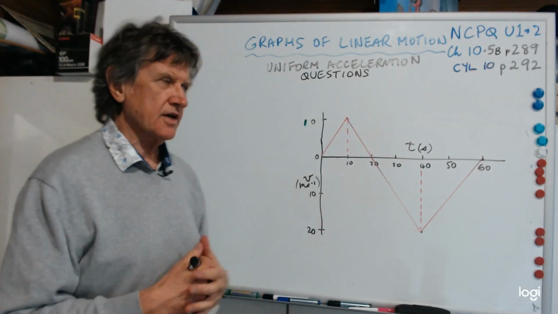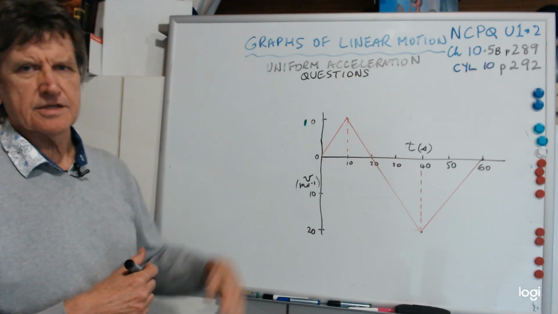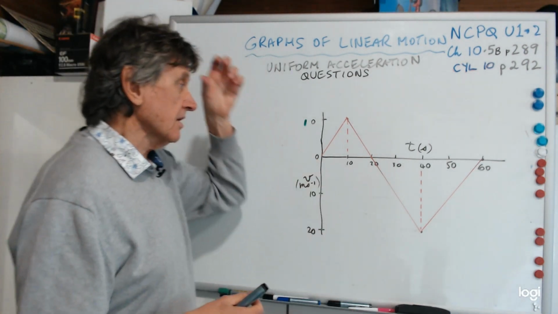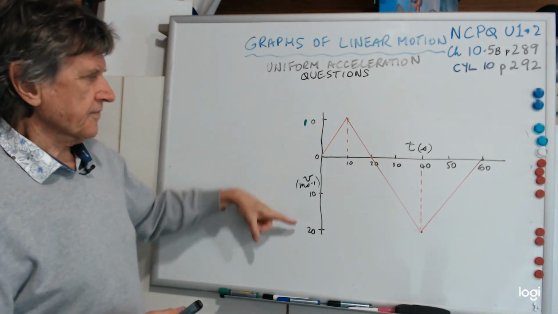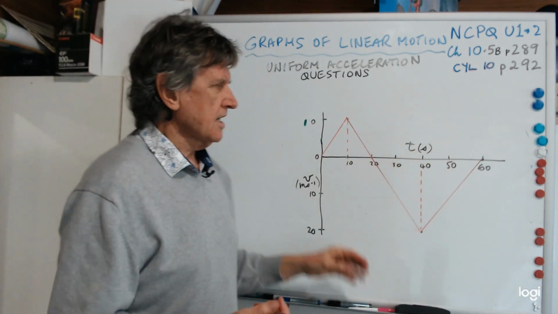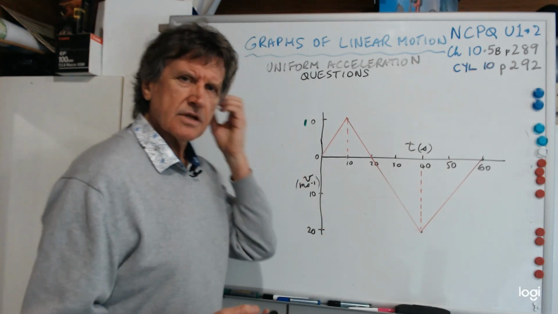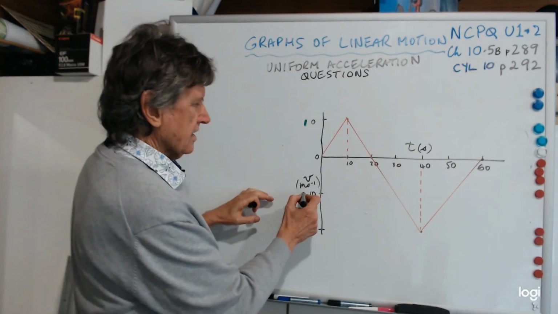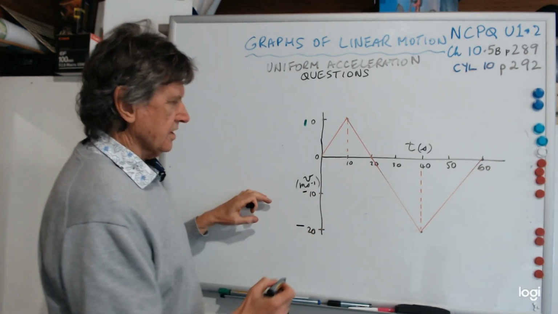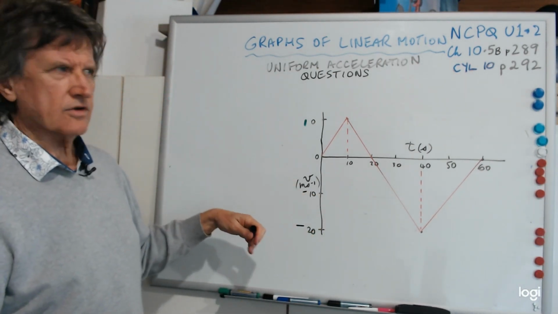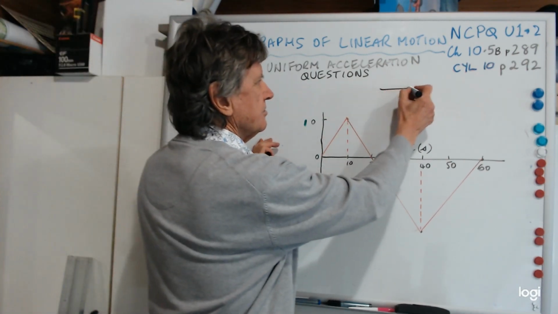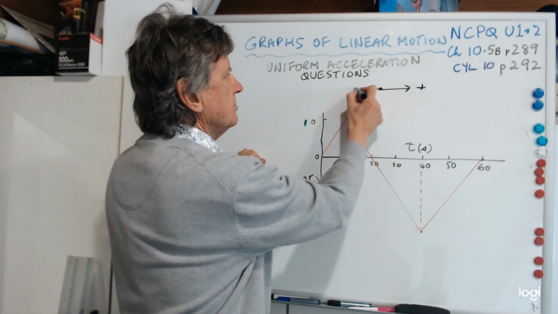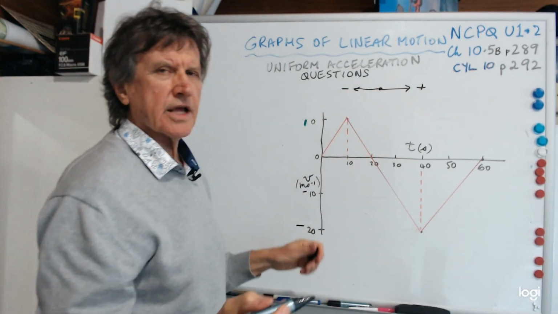Some of the questions they use are something like a bungee jumper, and it's the displacement of a bungee jumper, or someone on a skateboard or something like that. But what they're doing is velocity versus time again, but you'll notice I'm going down into the negatives, so that's a bit tricky. It's going to make some complications for our work. So this will be minus 10 and minus 20, because it's negative velocity. I've told you before, that's the positive direction, and this would be the negative direction, just like a number line.